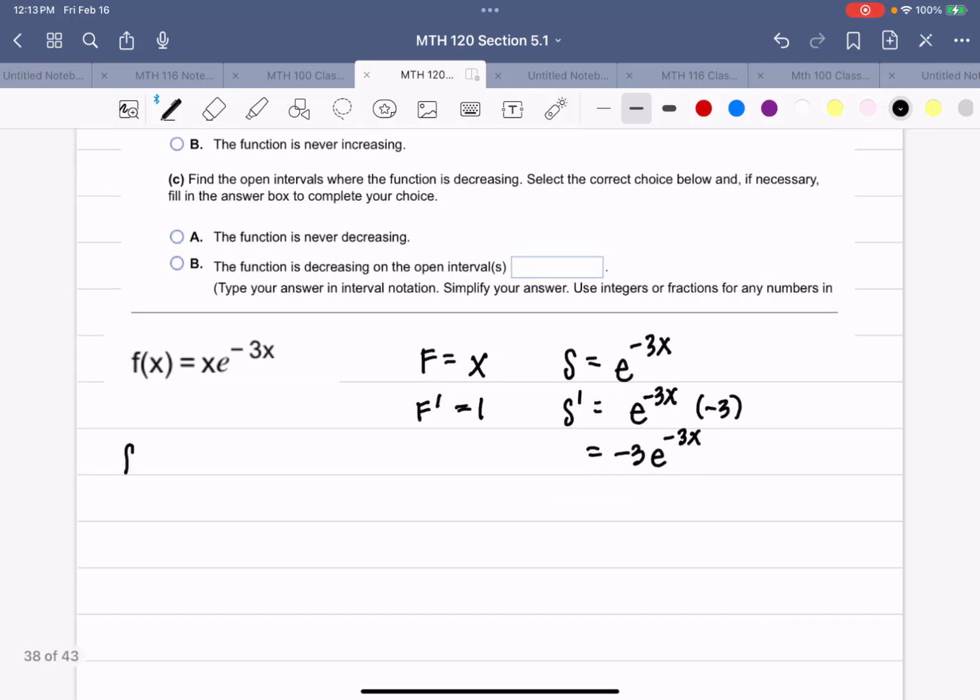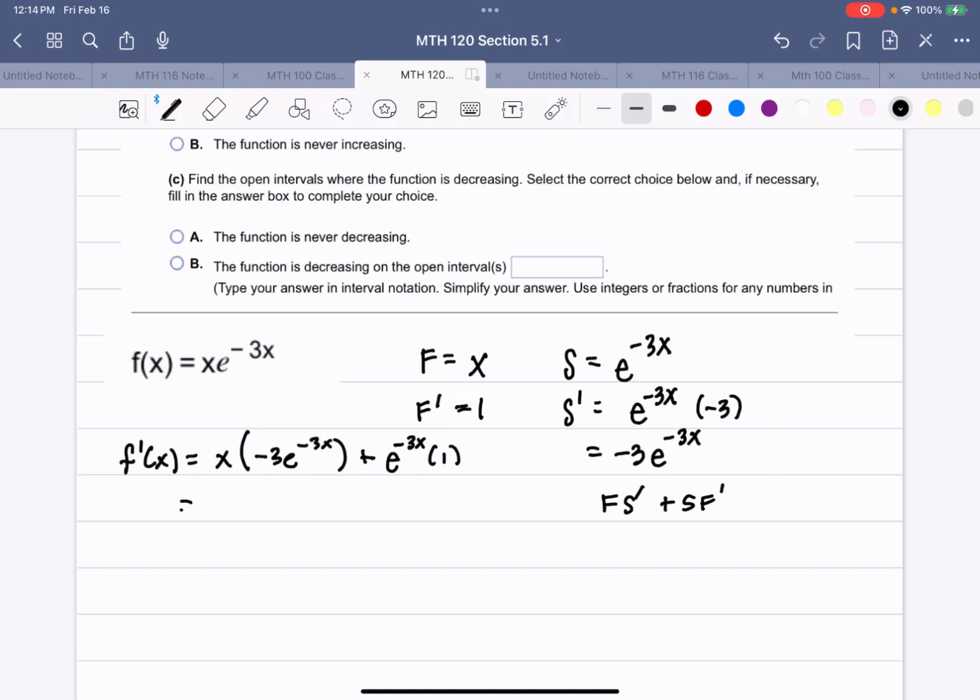Since it's a product rule, we have to do first times derivative of second plus second times derivative of the first. So our first is x, derivative of the second, negative 3e to the negative 3x, plus the second, e to the negative 3x, times the derivative of the first, which is 1.